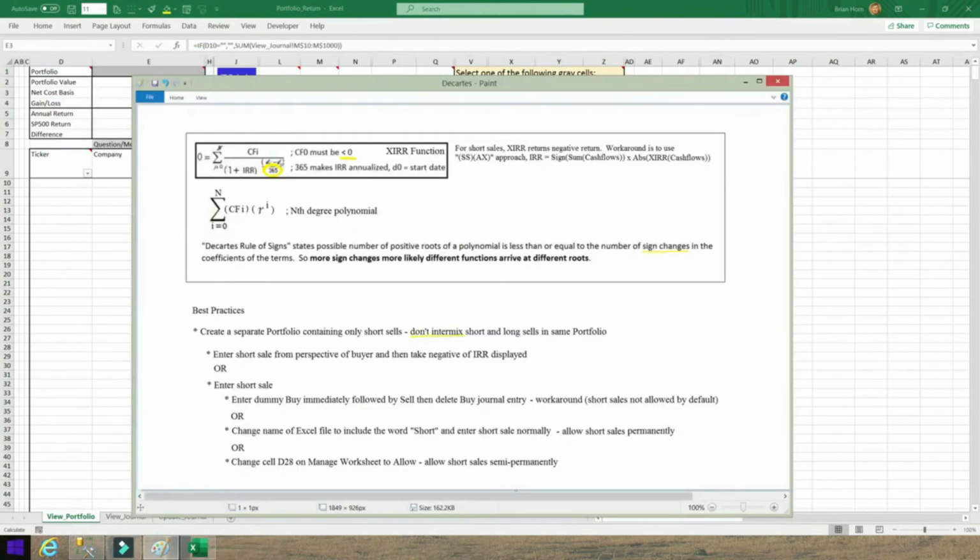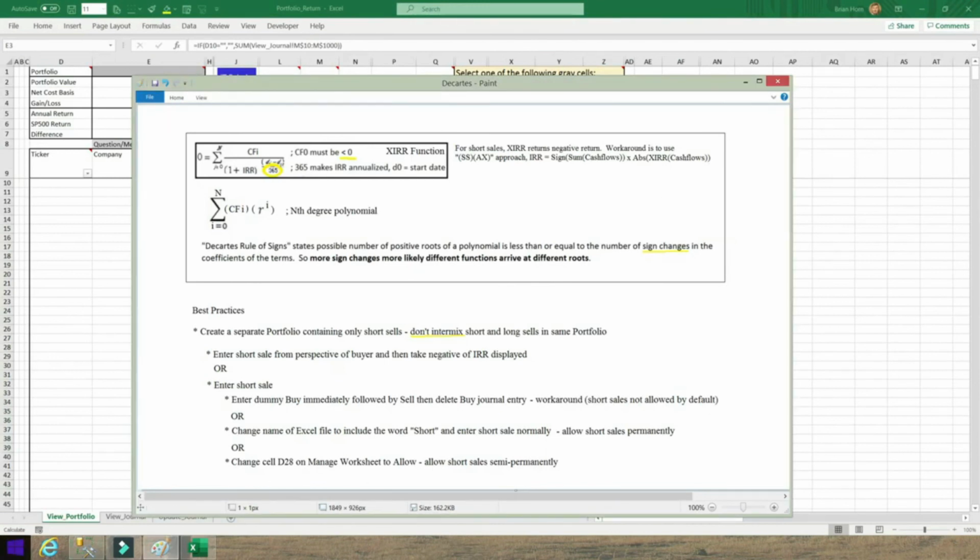Now the approach that we just went over is okay if you're doing infrequent entries of short sells. But if you have a dedicated portfolio for short transactions, it is best to allow short sells, thus eliminating the need to enter a dummy long buy as a workaround.